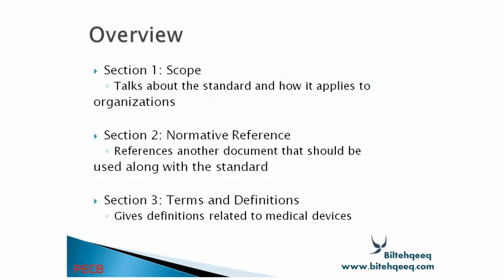Now, as we are going further, we have different sections, and we will overview these sections. Section 1 covers the scope, talks about the standard and how it applies to the organization. Section 2, normative references, other documents that should be used along with the standard. Section 3, terms and definitions, gives definitions related to medical devices.